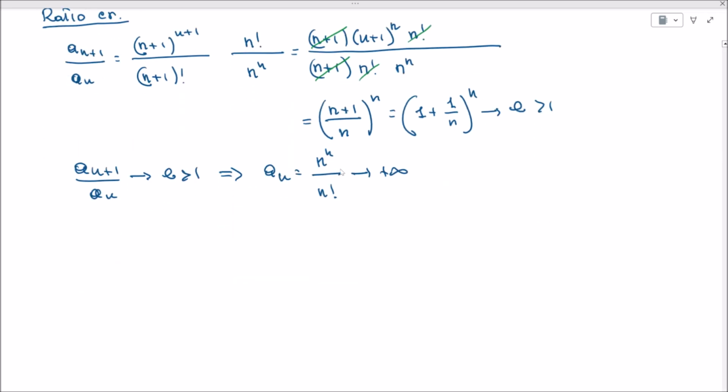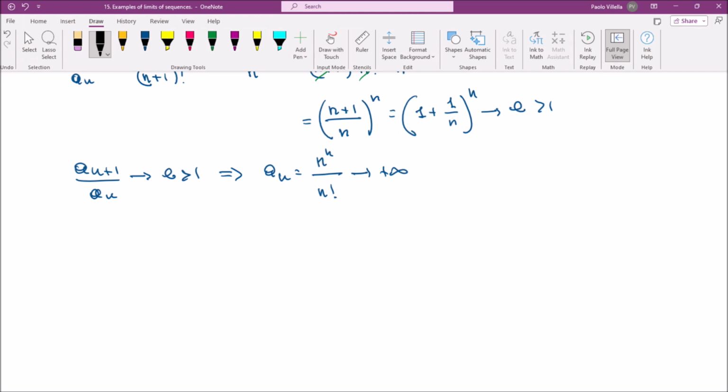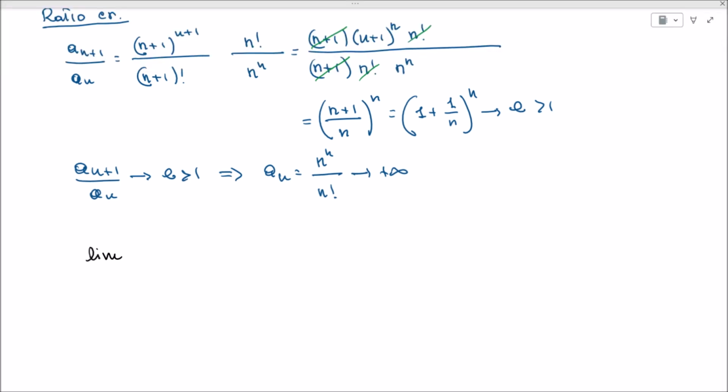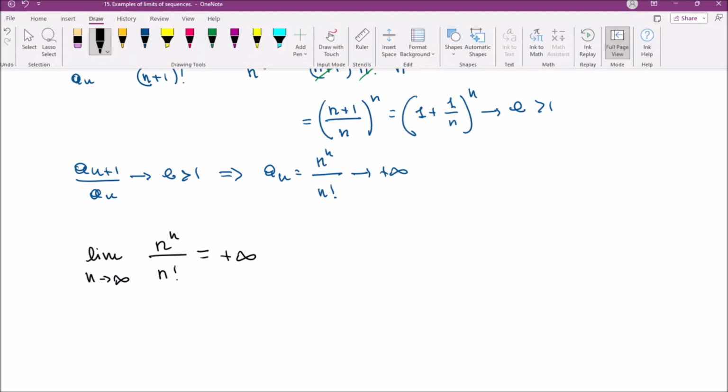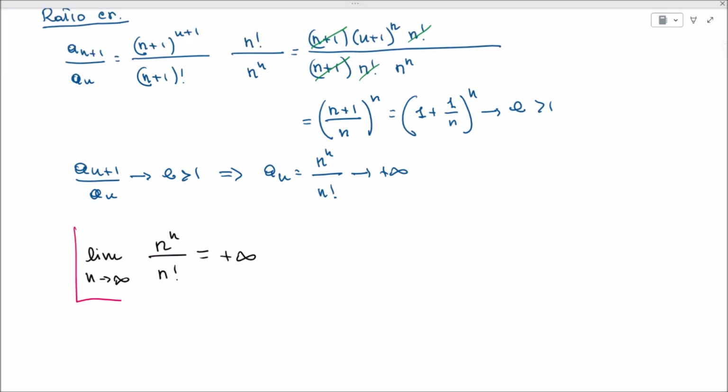So we have another important result. We can say now that the limit as n goes to infinity of n to the n divided by n factorial is equal to plus infinity. This is an important result.